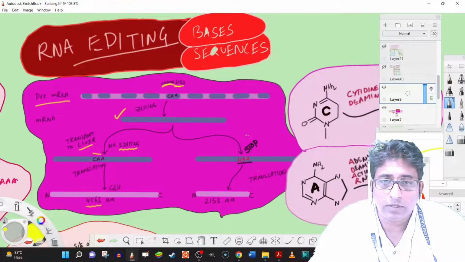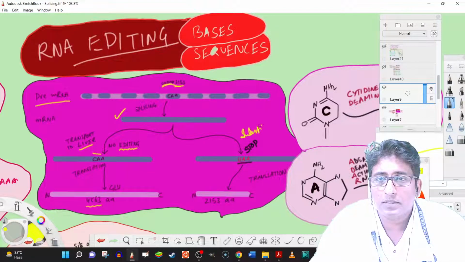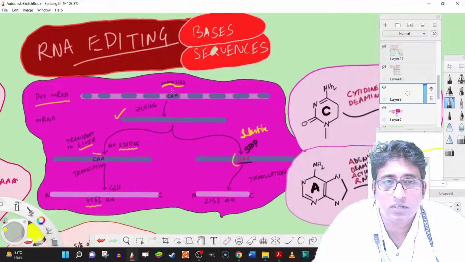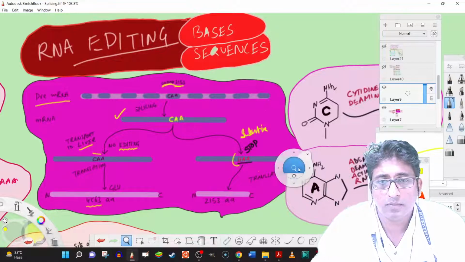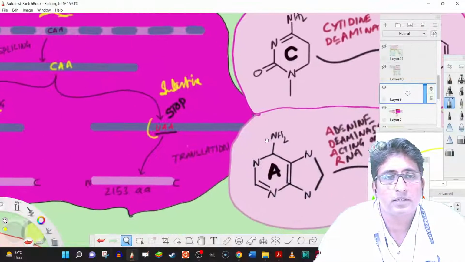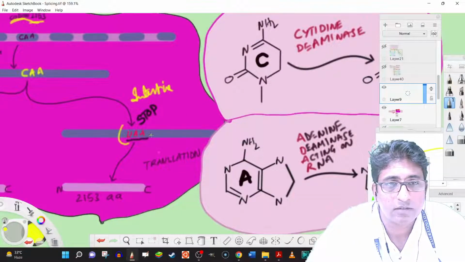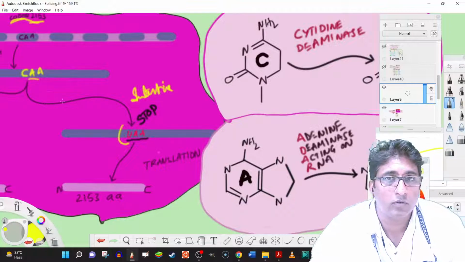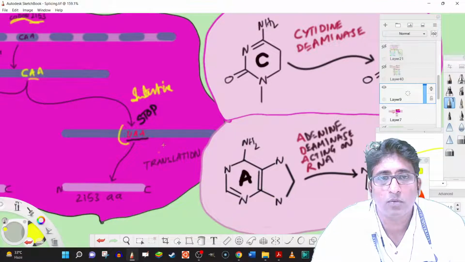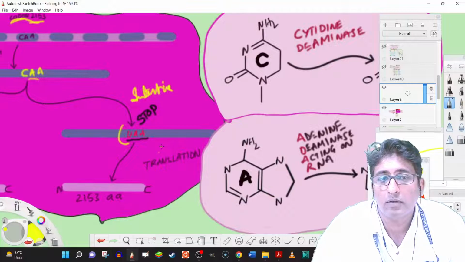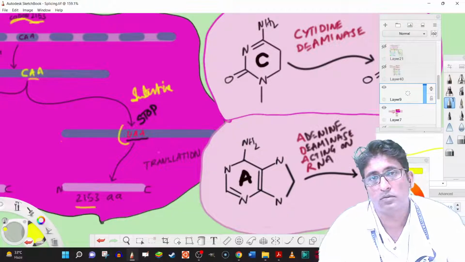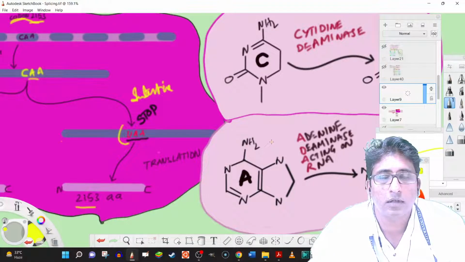In the intestine, the cytosine present here, in a CAA codon, could get deaminated, resulting in uracil. CAA is a sense codon coding for glutamine, whereas UAA is a stop codon, and therefore upon translation this mRNA will give rise to a shorter protein of about 2,100 amino acids.